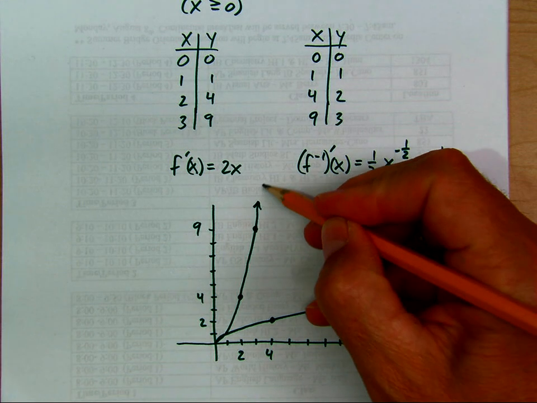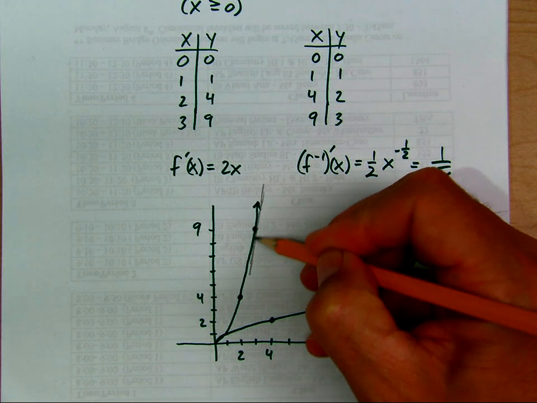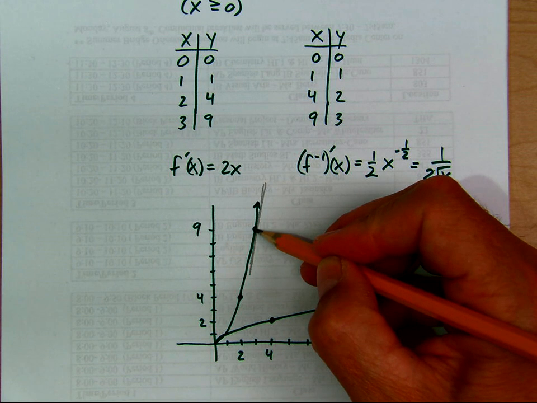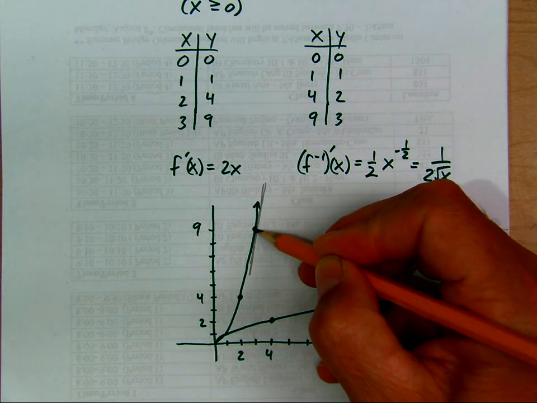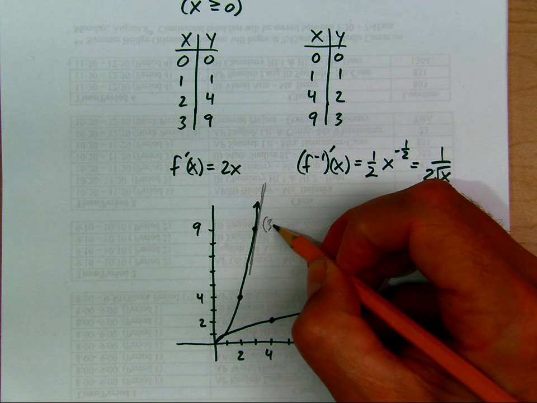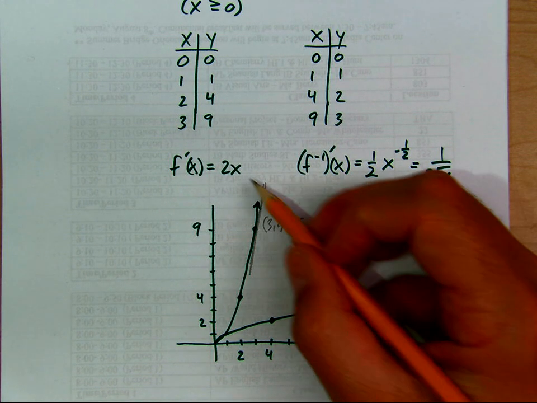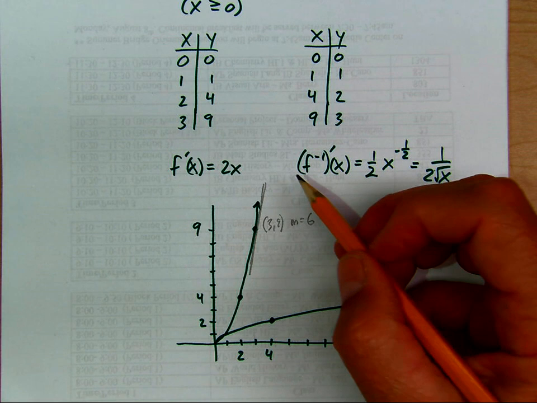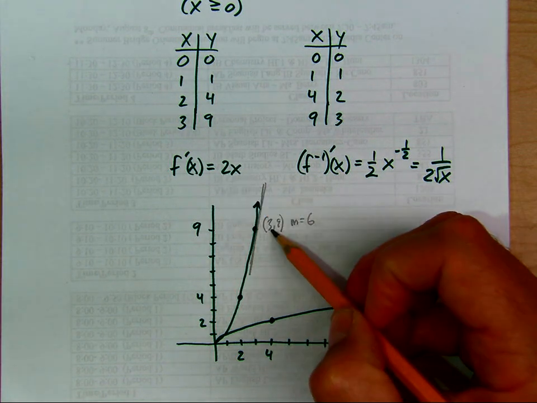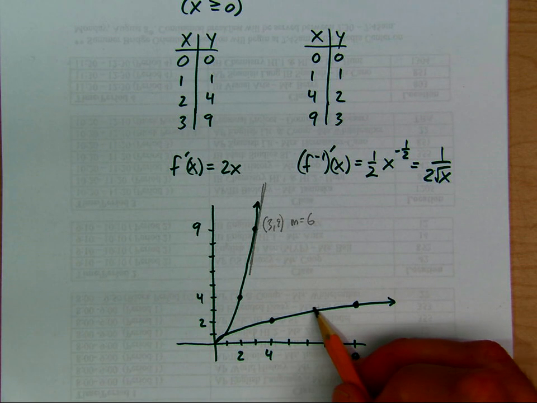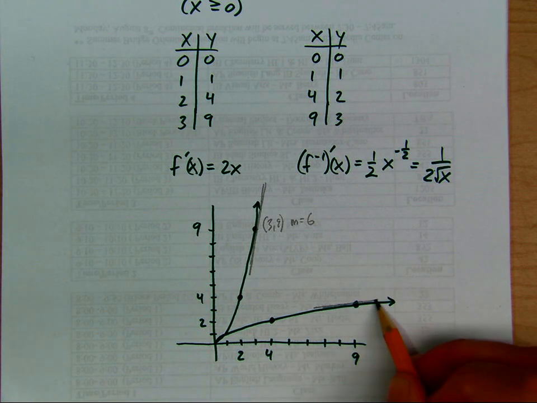So if we looked at the slope of this line, the point of tangency is (3, 9). So at (3, 9), we have a slope of 6, because the slope is 2 times the x value. Slope is 6. Let's look over here at this tangent line.